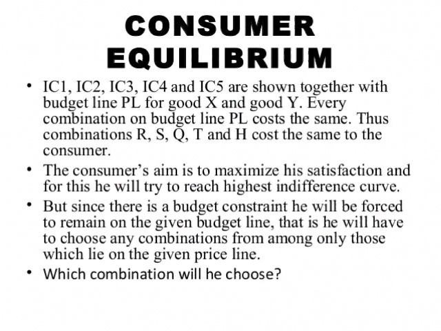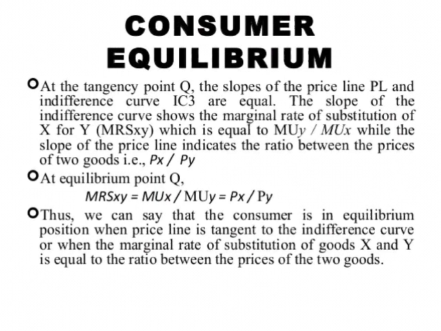The equilibrium point is where the slope of IC is equal to the slope of the budget line, and that combination is equilibrium Q. The consumer is in equilibrium when the marginal rate of substitution, which is the slope of IC, is equal to price X divided by price Y, which is the slope of the budget line.